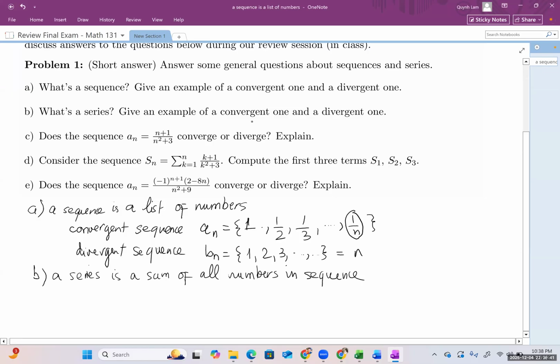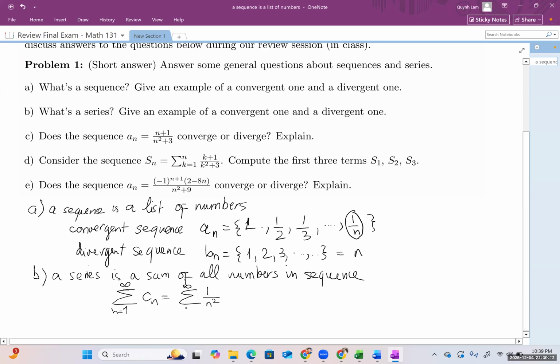Let's say the series, c_n for n from 1 to infinity, where c_n is, let's say, 1 over n squared.